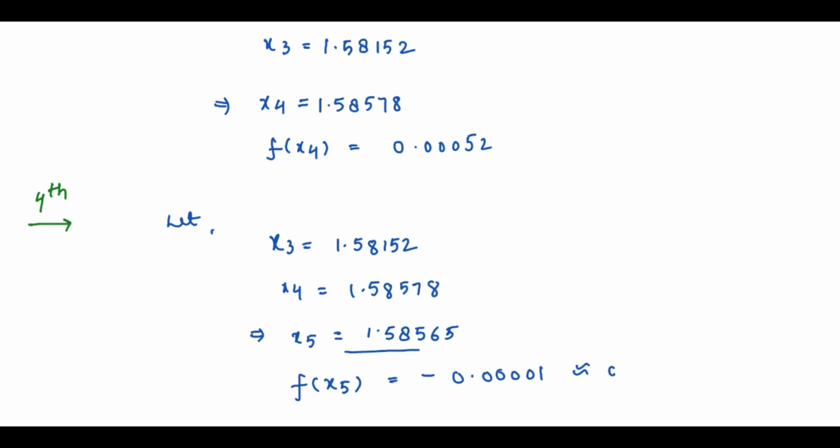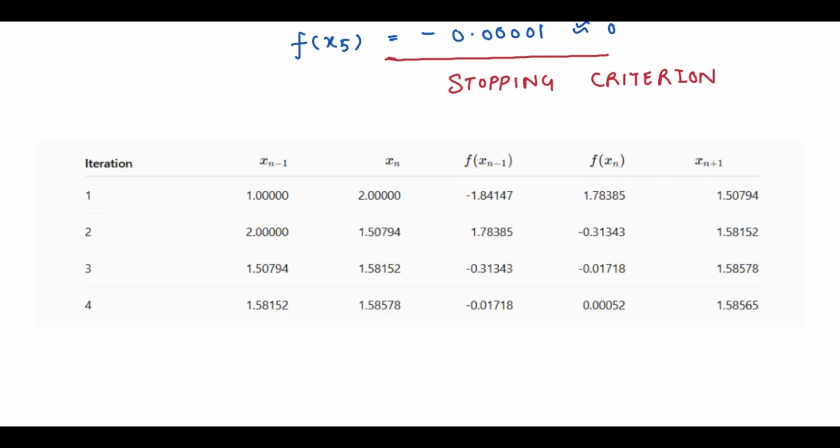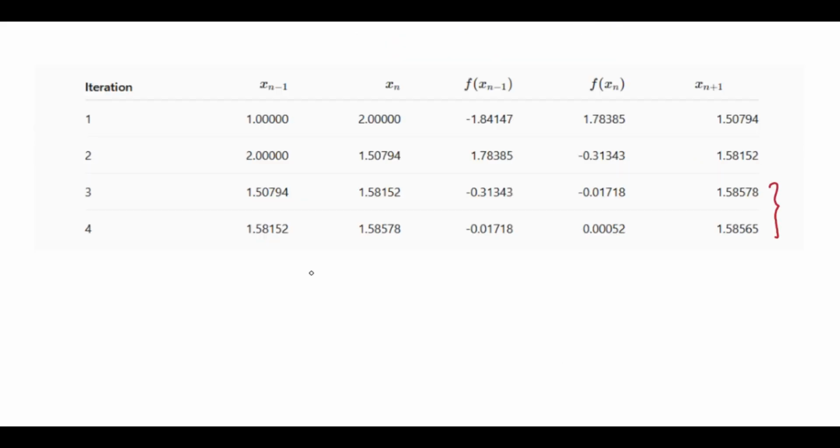The required accuracy is hence achieved. Looking into this iteration table, the values at the fourth and fifth iteration are identical, and hence we get the positive root of this equation correct up to 4 decimal places, which comes out to be 1.5857.